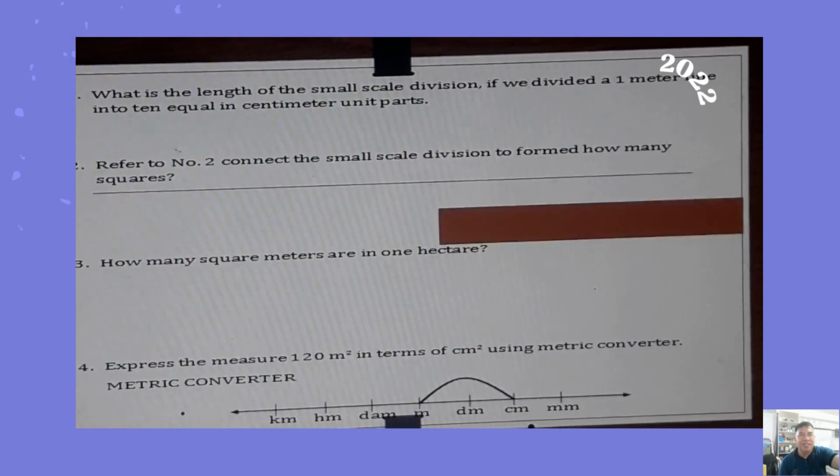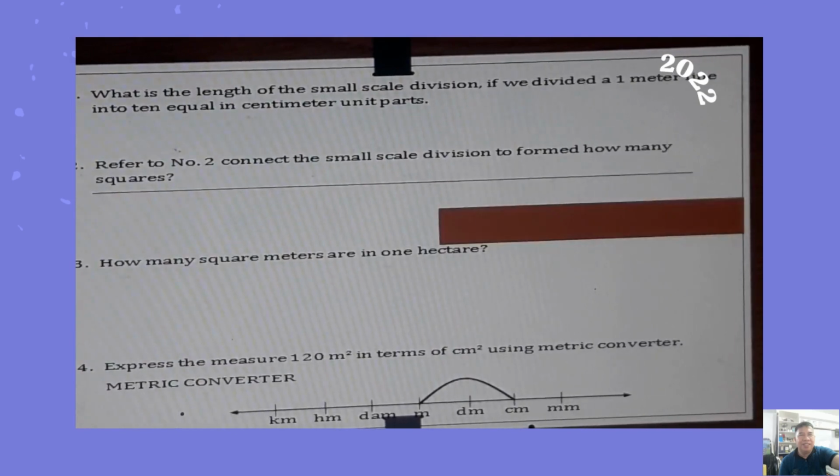Number 3, how many square meters are in 1 hectare? And number 4, for the second set, express the measure of 120 square meters in terms of centimeters squared using metric converter.